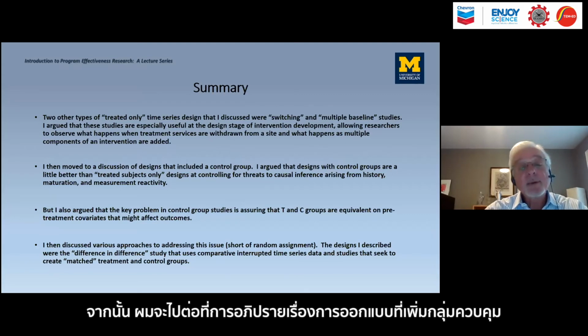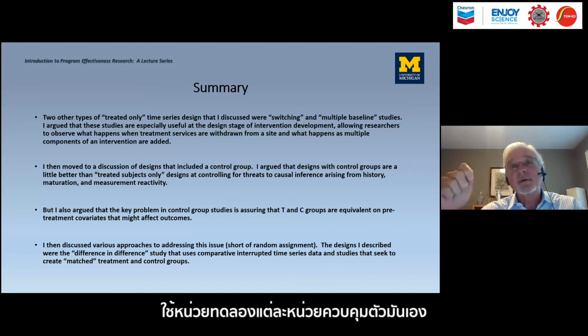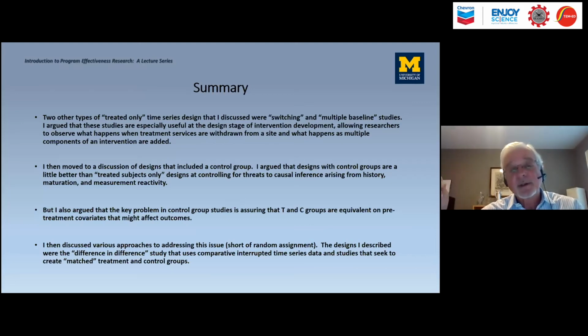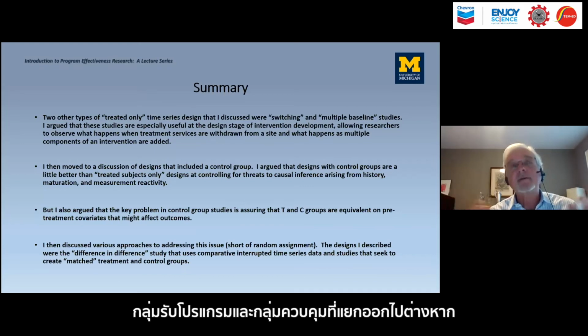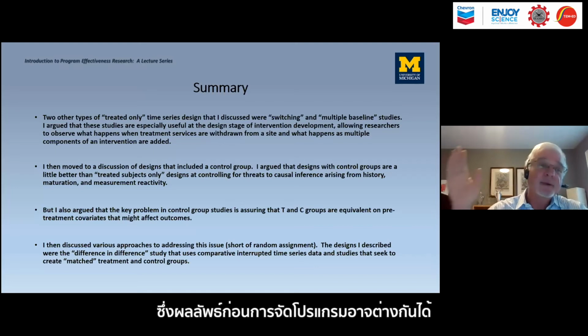And then I moved to discussion of designs that add a control group. Whereas these studies of treated units only use each unit as its own control under the unit homogeneity assumption, the separate treatment and control groups face this problem of non-equivalent groups where they can differ on pre-treatment outcomes.